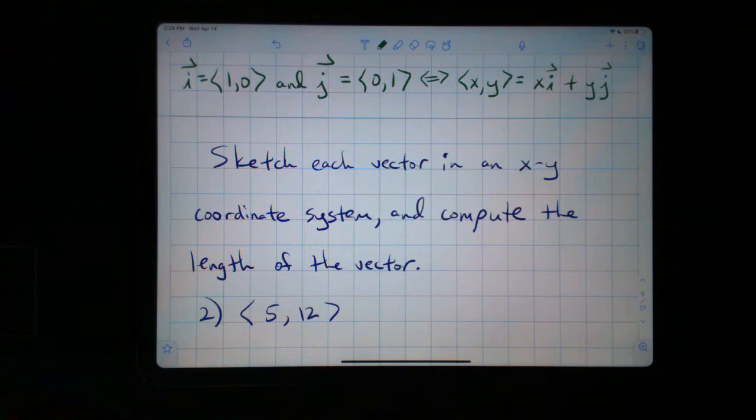Sketch each vector in an xy coordinate system and compute the length of the vector.